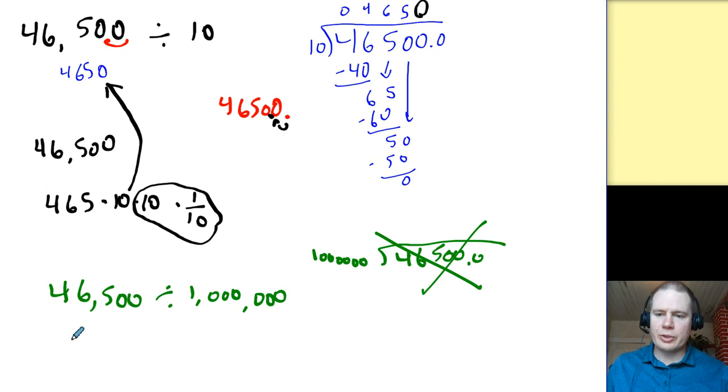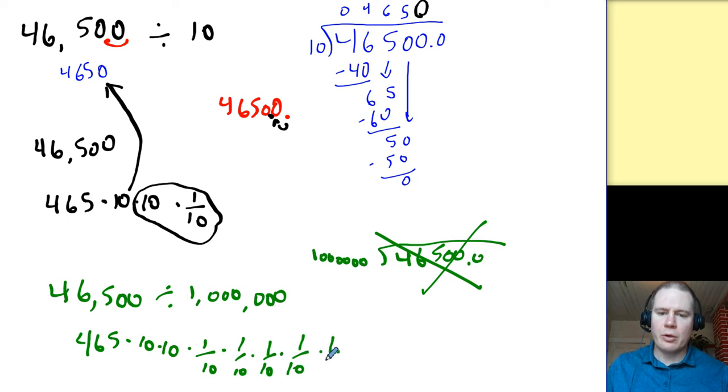This is 465 times 100 divided by, how many zeros do I have here? 1, 2, 3, 4, 5, 6. So I'm dividing by 10 six times.